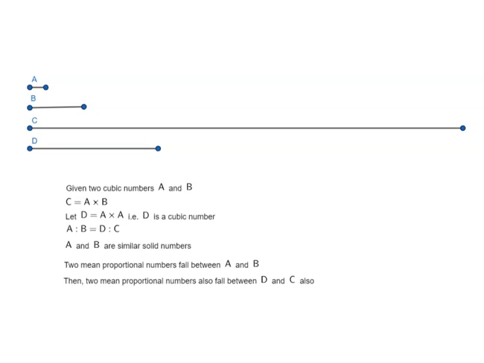And here, since D is a cube, that means C is also a cube. So that is proposition number 4 of book 9 of Euclid's Elements.